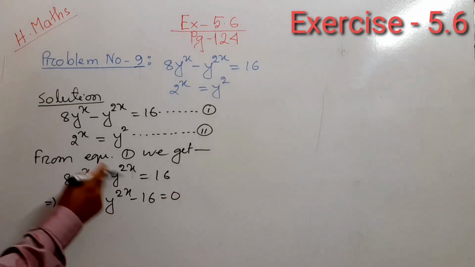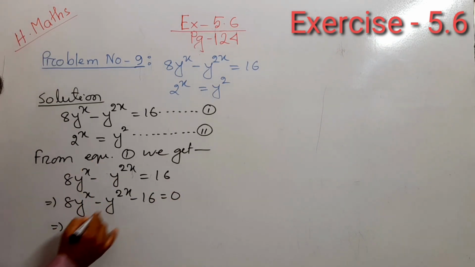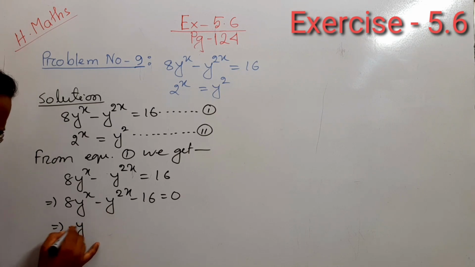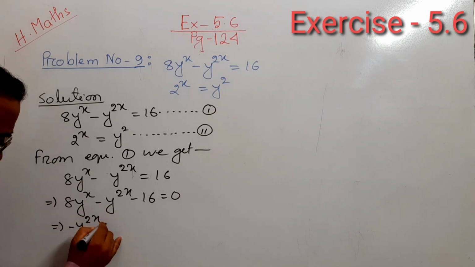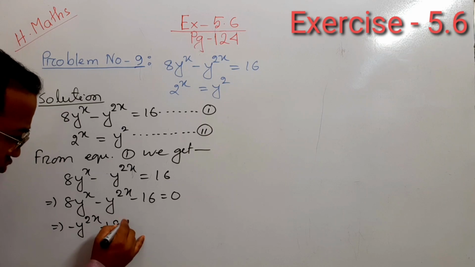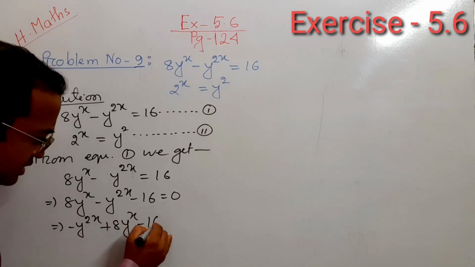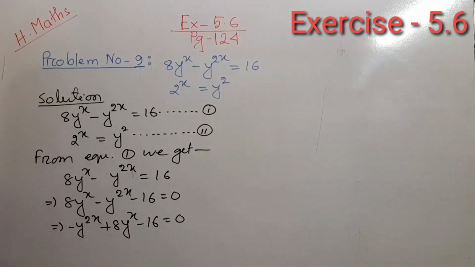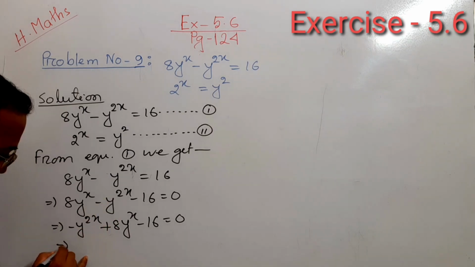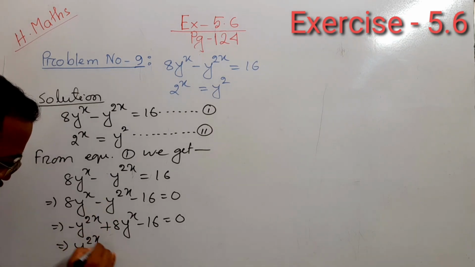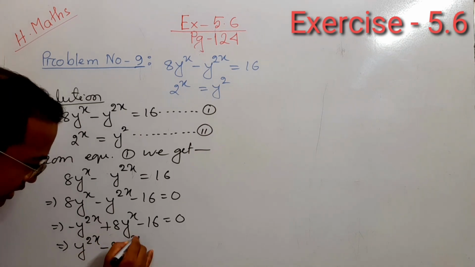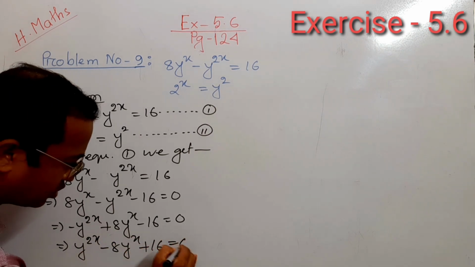Now we can arrange it like this: minus y to the power 2x plus 8y to the power x minus 16 equal to 0. Now multiply by minus 1, it will be y to the power 2x minus 8y to the power x plus 16 equal to 0.